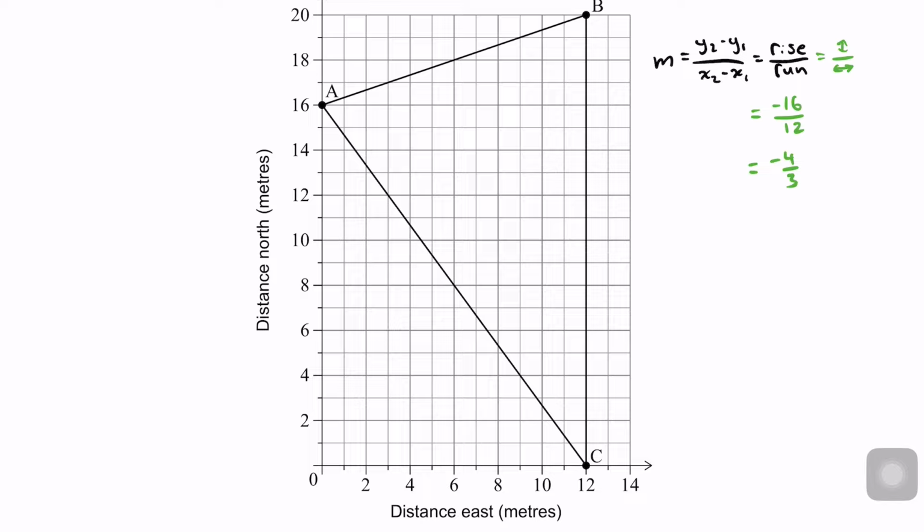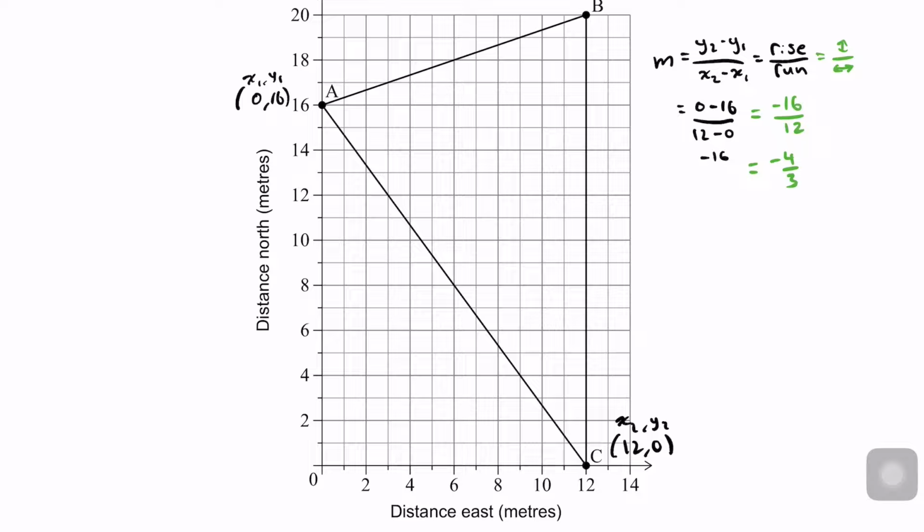In this case, just label your points. Here we go. A itself is (0, 16), and C itself is (12, 0). y2 minus y1 over x2 minus x1.